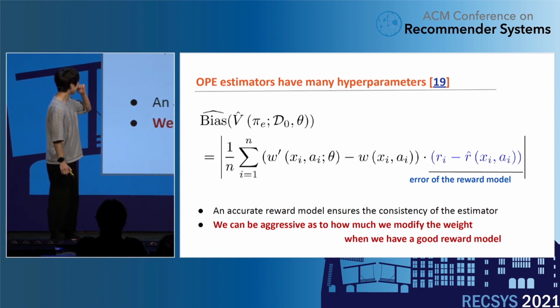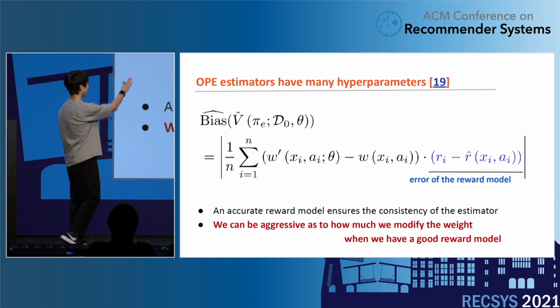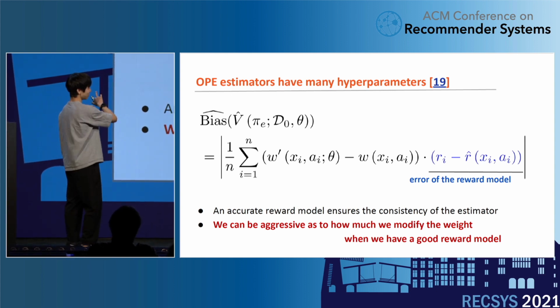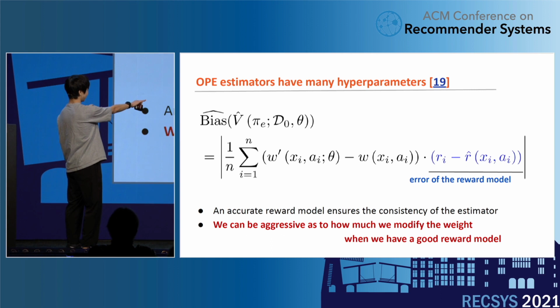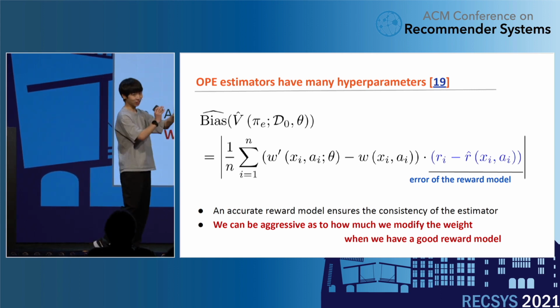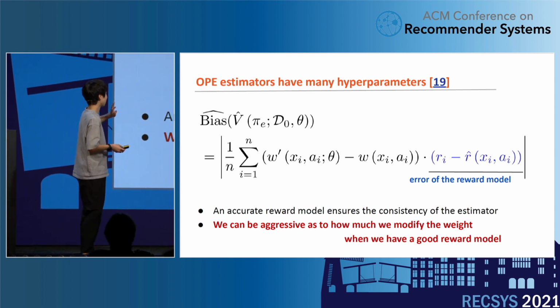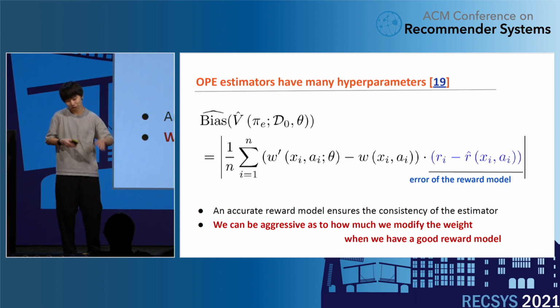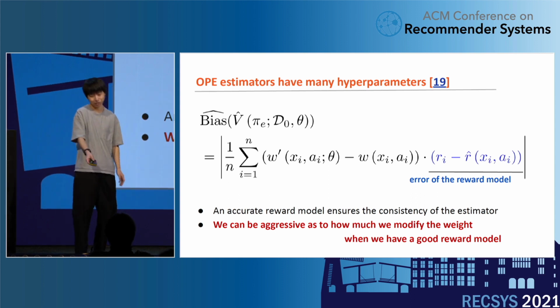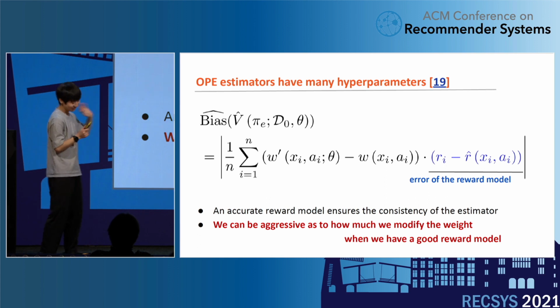But what it says is that when we have a very accurate reward predictor, it ensures the consistency or the unbiasedness of the estimator, meaning that when the blue part is nearly zero, we can be aggressive when we modify the importance weight. So the ideal hyperparameter should depend on the quality of the reward estimator. That's what this second term is saying.